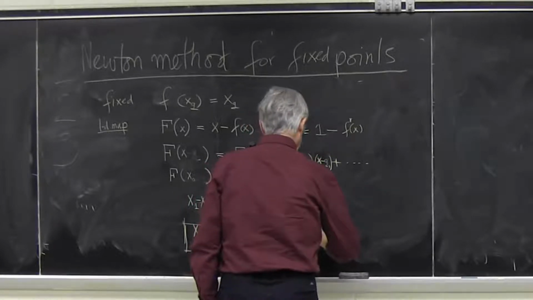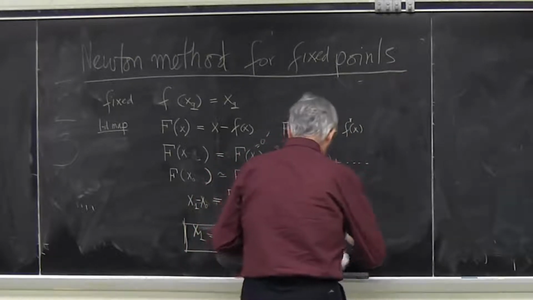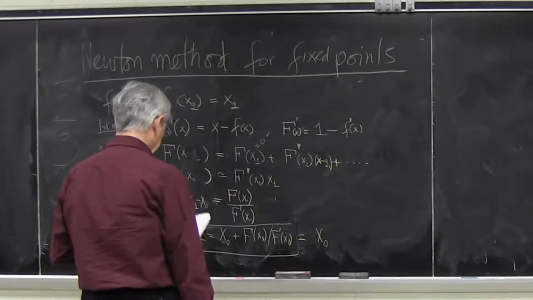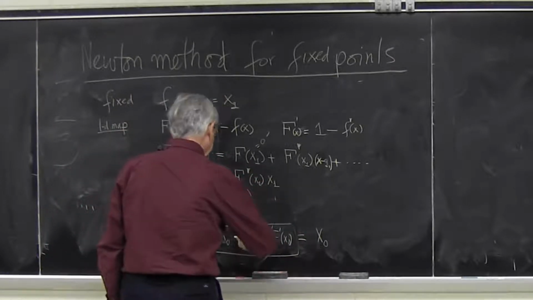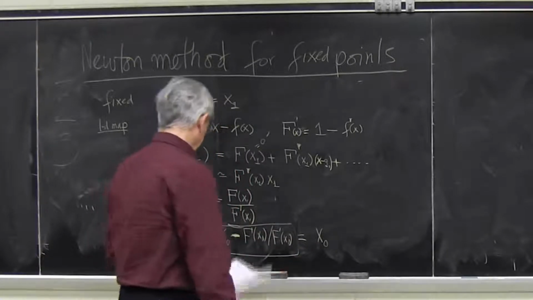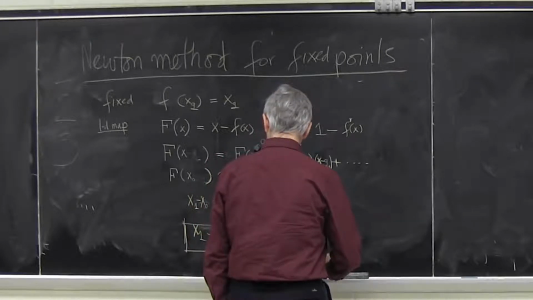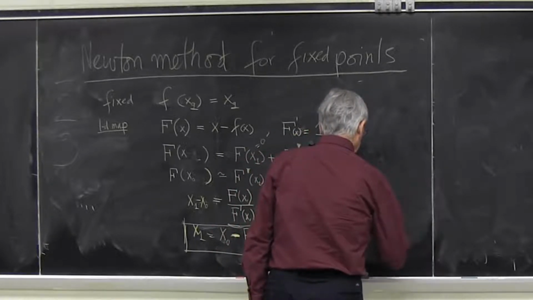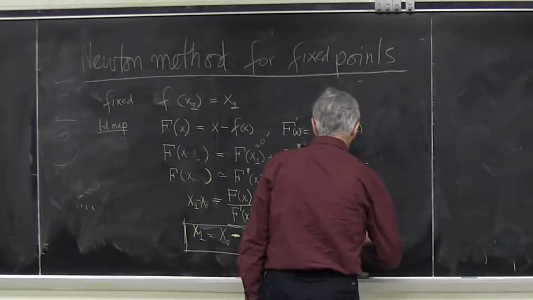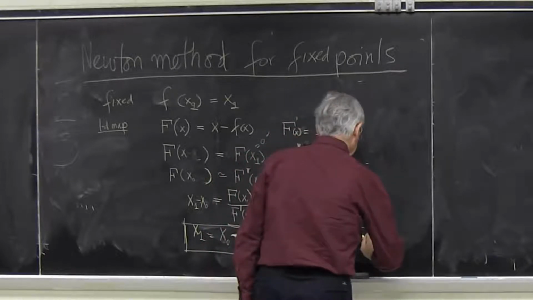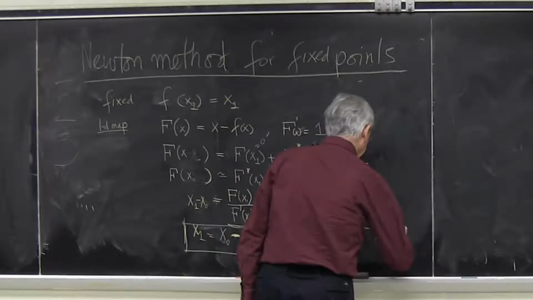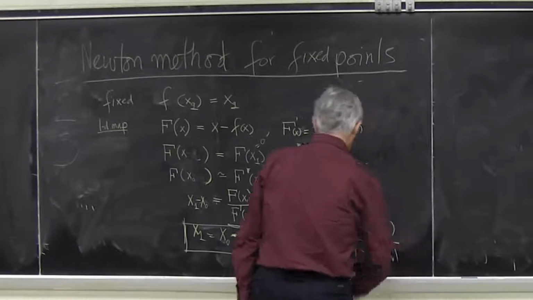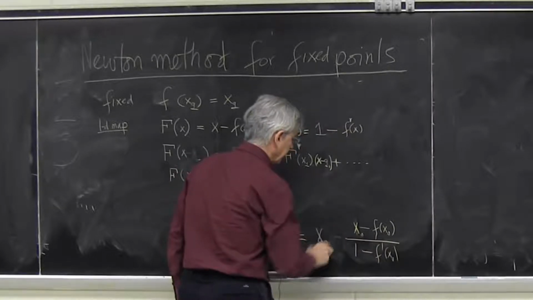It just says it's your previous guess minus, and then you compute the error of how distant you are from being a fixed point, and you divide it by 1 minus the derivative, evaluated at that point, and that's it. And then you iterate.